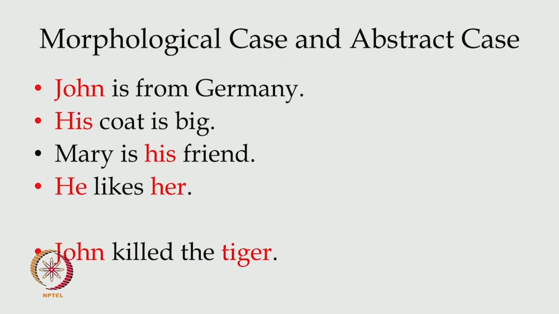First we want to see the distinction between morphological case and abstract case. If you understand what we mean by abstract case, then you understand the meaning of morphological case and vice versa.